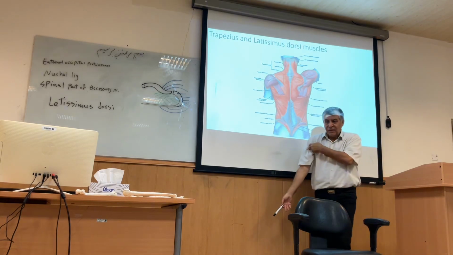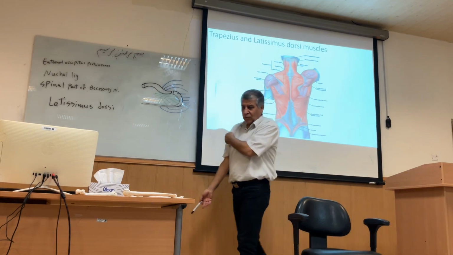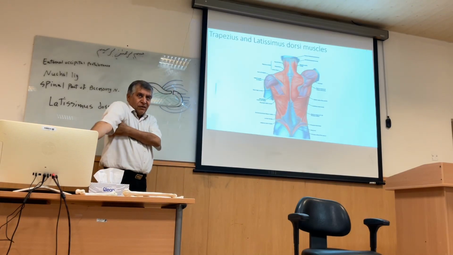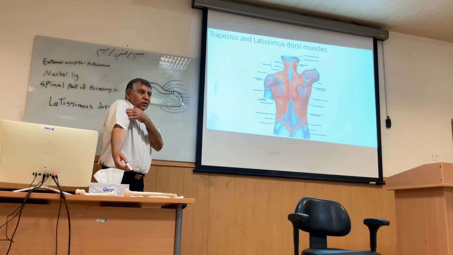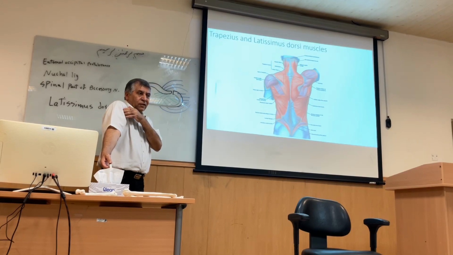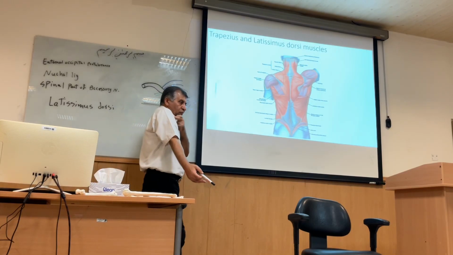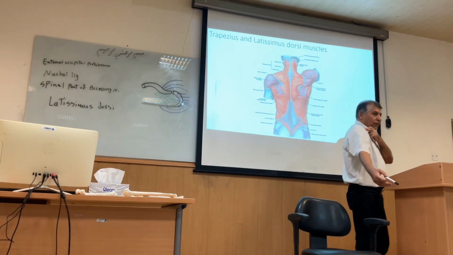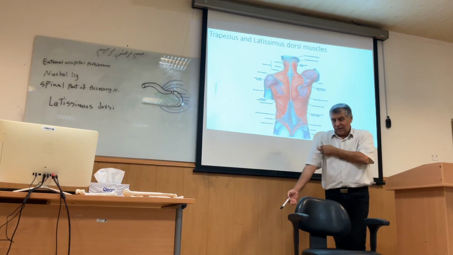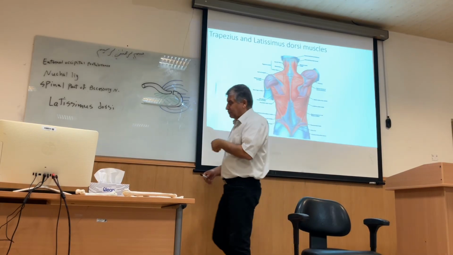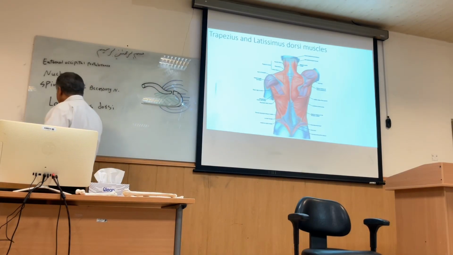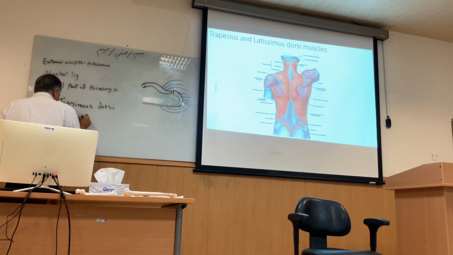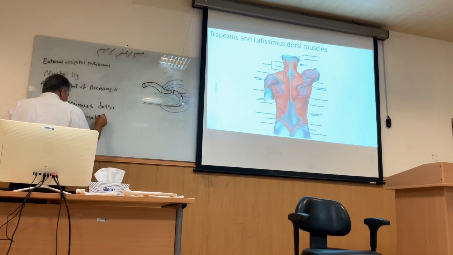From the back, moving to the anterior part, it inserts into the floor of the bicipital groove, or intertubercular groove. This muscle is innervated by the thoracodorsal nerve.